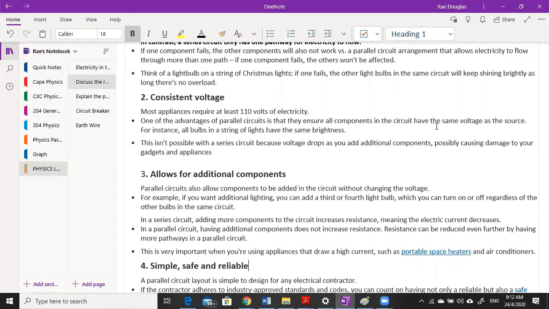So everything is going to dim down until maybe one of them basically doesn't show, because the resistance is being increased overall. And as your resistance increases, your current flow is going to decrease. We can look at that from our Ohm's formula, seeing that they are inversely proportional.